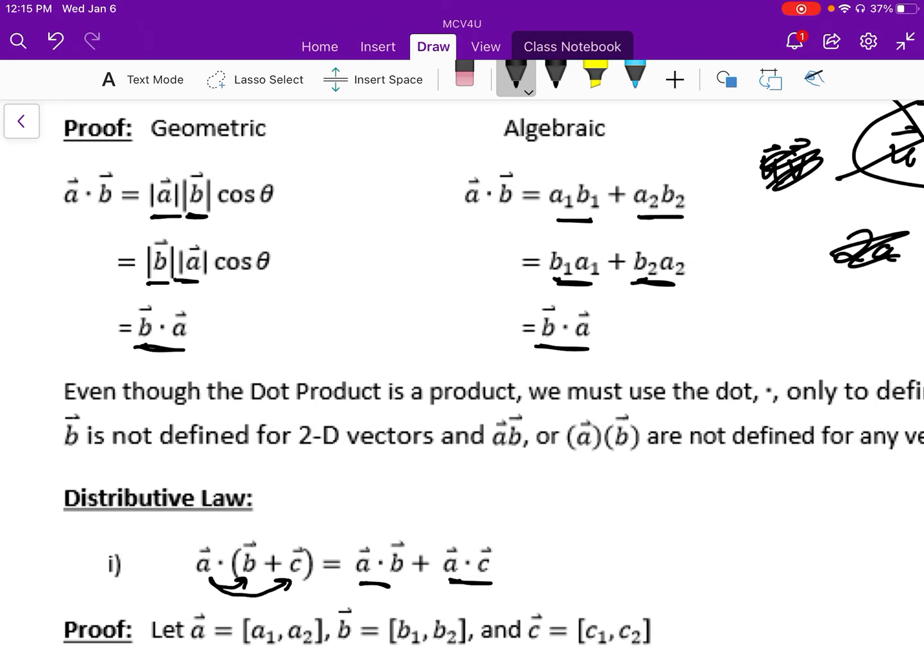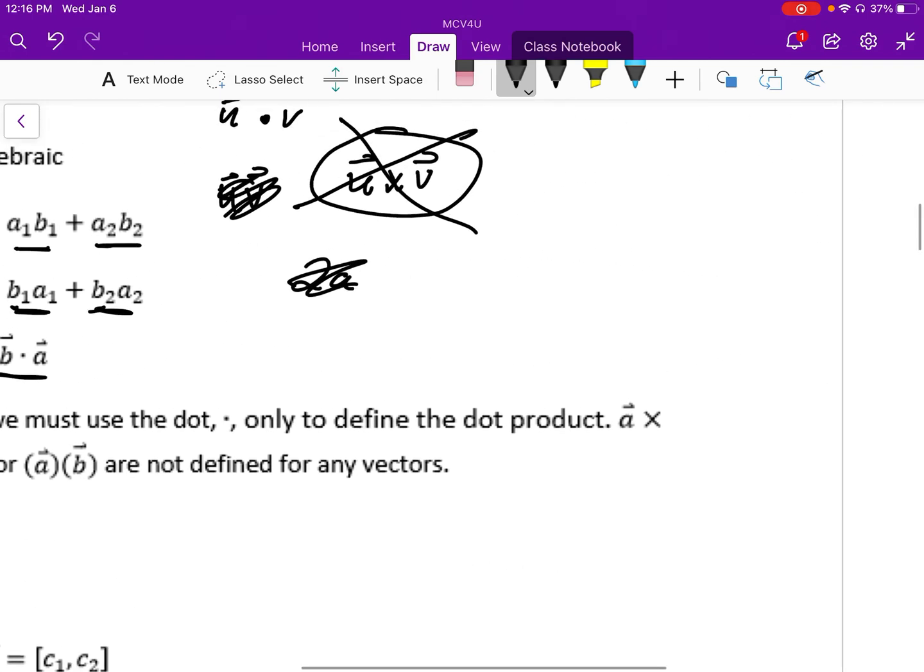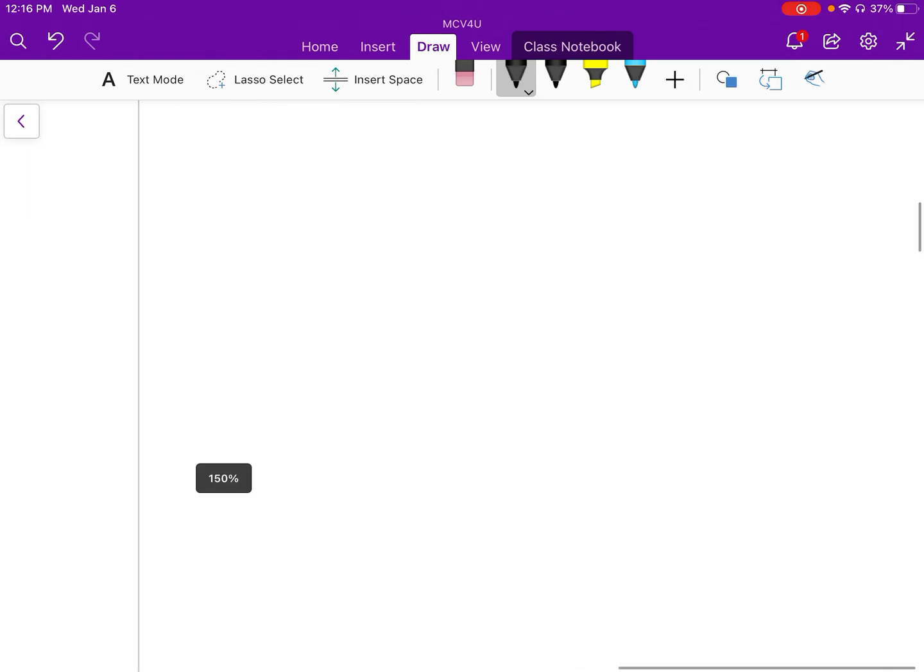Will it work? We start off by using any 3 vectors. We're doing this law, or the proof, algebraically. So what we're going to do is set this up as written on the left-hand side. I'm going to move this over to the side here so we can take a look at it a little better.